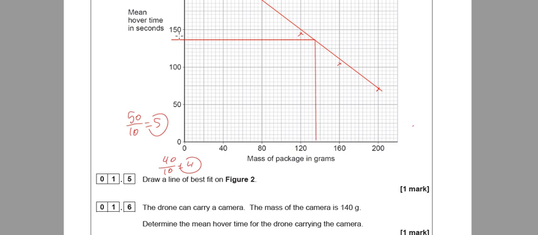It will be 2.5 small squares before 150. 2.5 small squares means it is 12.5. 150 minus 12.5, so it will be 137.5 seconds.